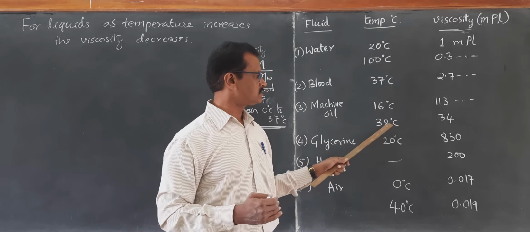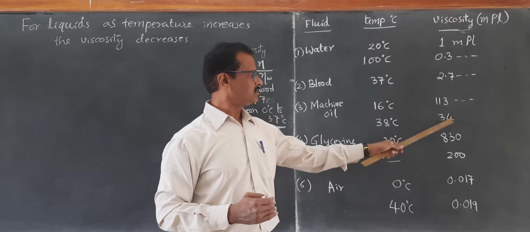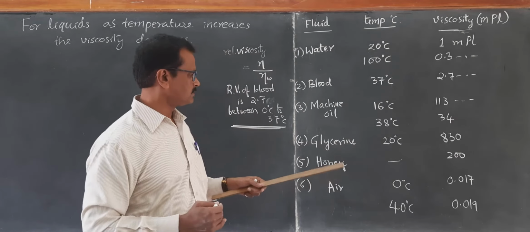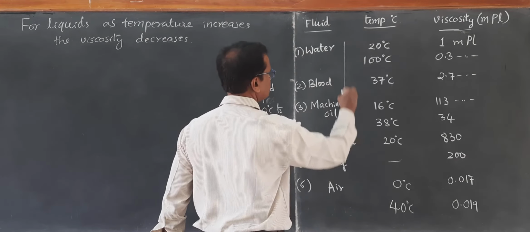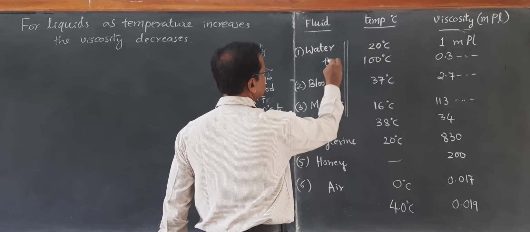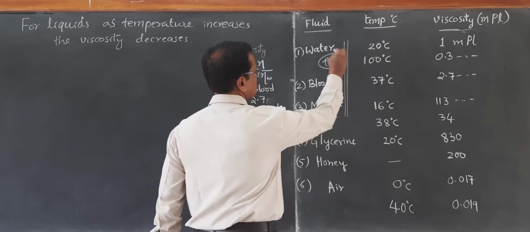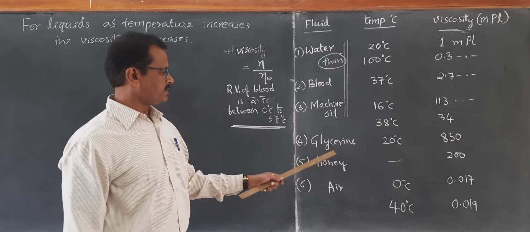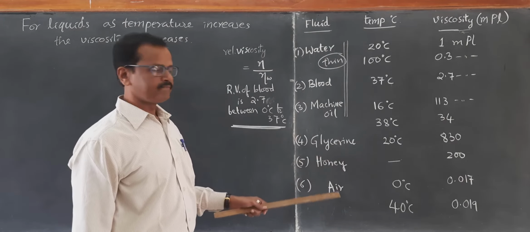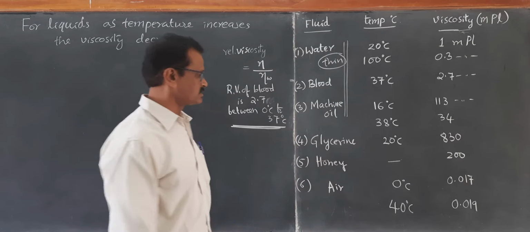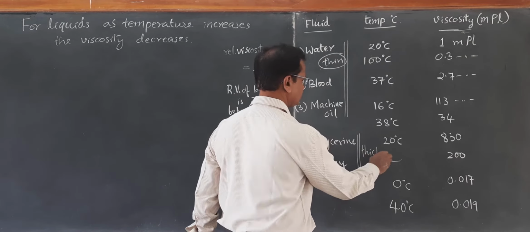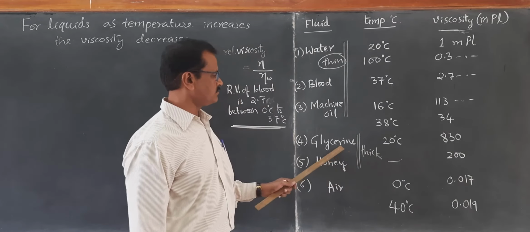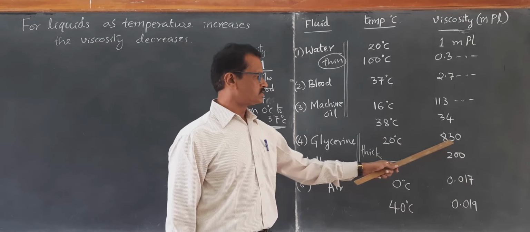At high temperatures, like 38 degrees Celsius, it will be 34 millipoise. Glycerin, see, these are all thin liquids having low viscosity. Now we look at glycerin and honey. Glycerin and honey are thick liquids, and they have high values of viscosity.